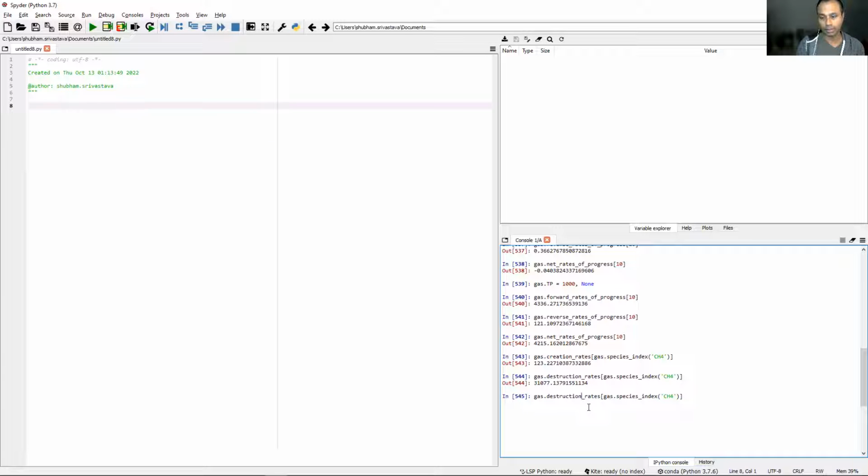So we say net production rates. You see, so what this does, it takes the difference between the two. So overall, in this entire reaction mechanism, CH4 is being consumed, and certain other products are being made out of it.